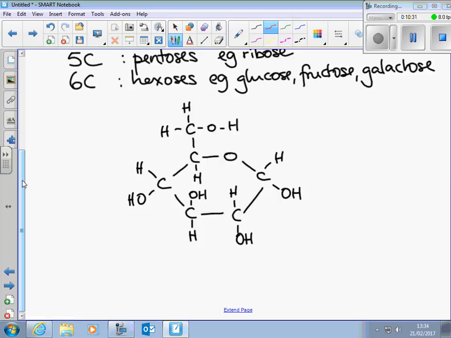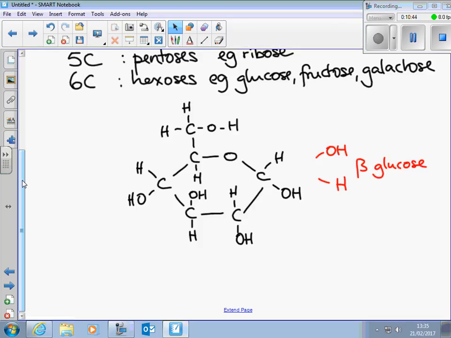So if we'd got the OH at the top and the H at the bottom, that would give us beta glucose. Whereas the H up and the OH down, that's alpha glucose. So we already have isomers.